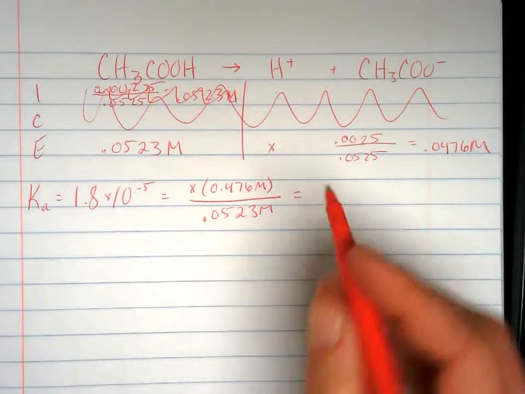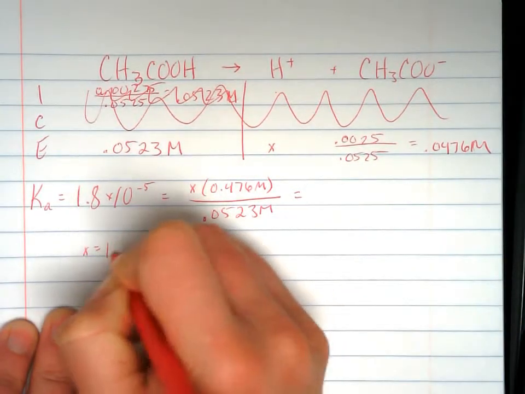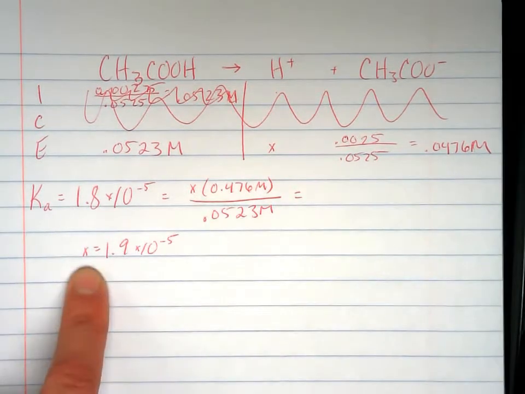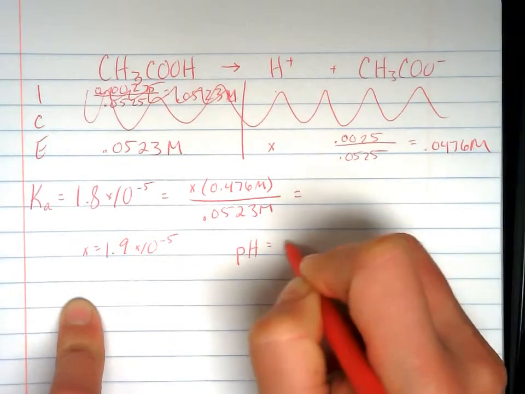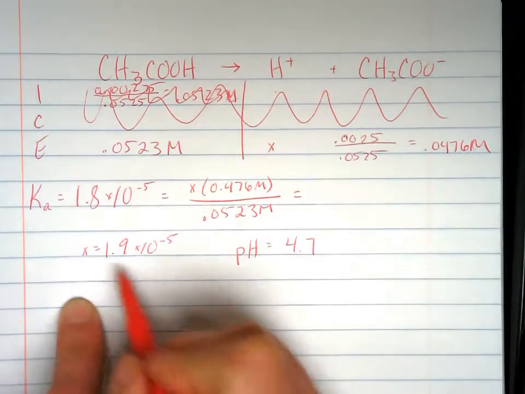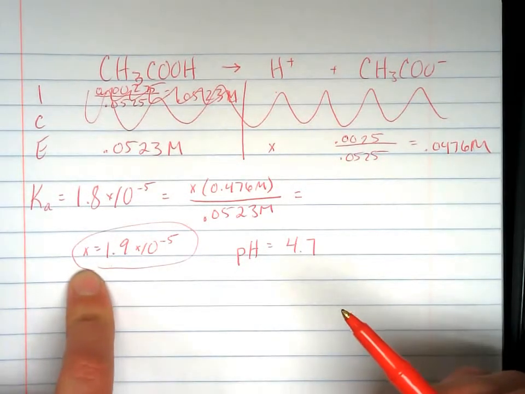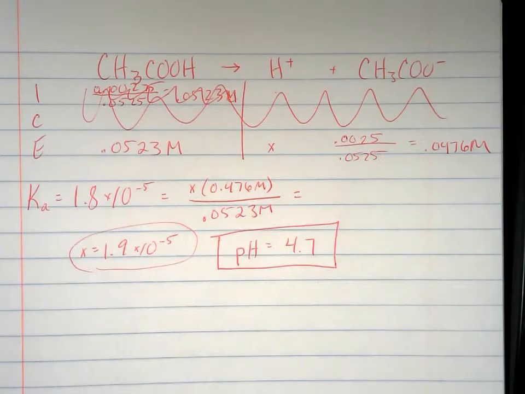And when I multiply all of this out, I get that x is equal to 1.9 times 10 to the negative 5. And the pH, therefore, is going to be 4.7, from getting the negative log of x. So pH is 4.7. So that's how you do it.